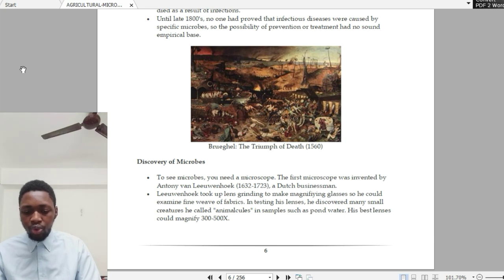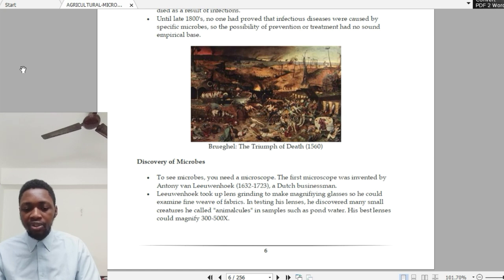His best lenses could magnify 300 to 500 times. His microscopes were crude, relying on a single lens held in metal plates. He described many previously unseen life forms, including different forms of bacteria and mold spores.